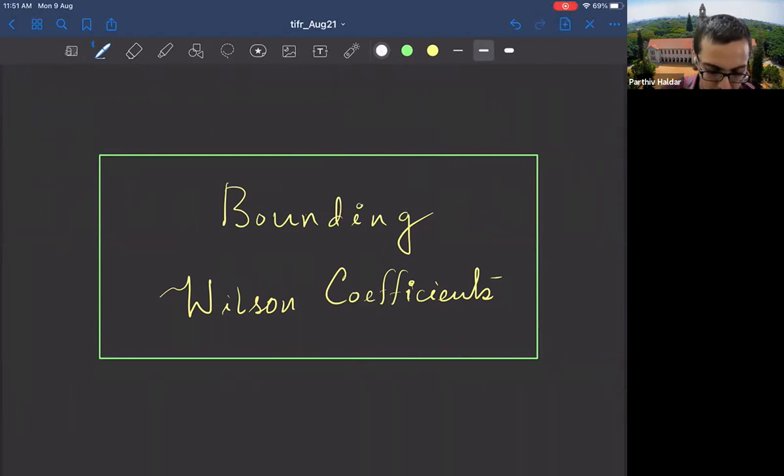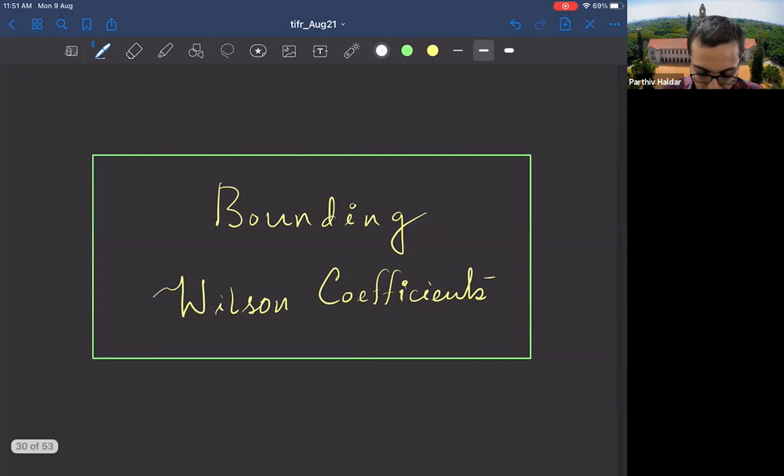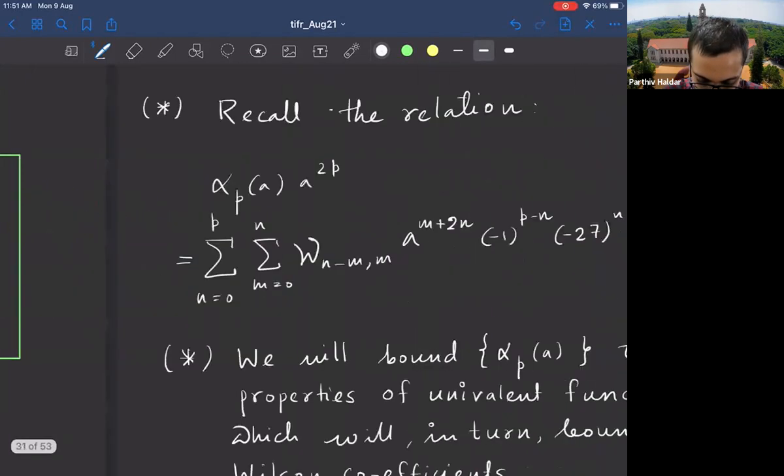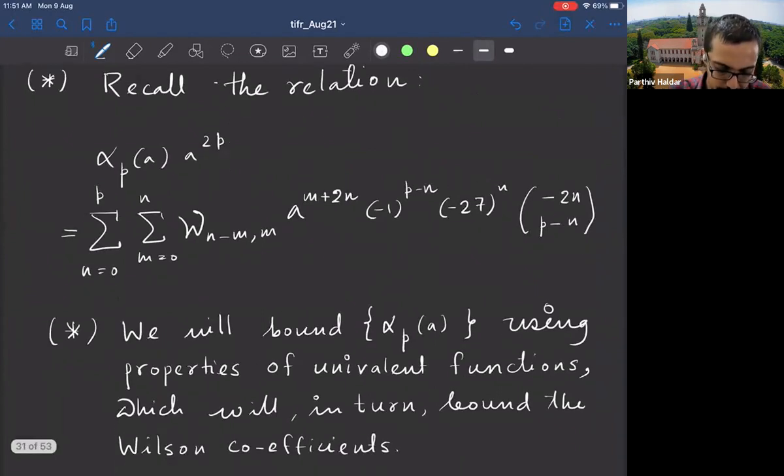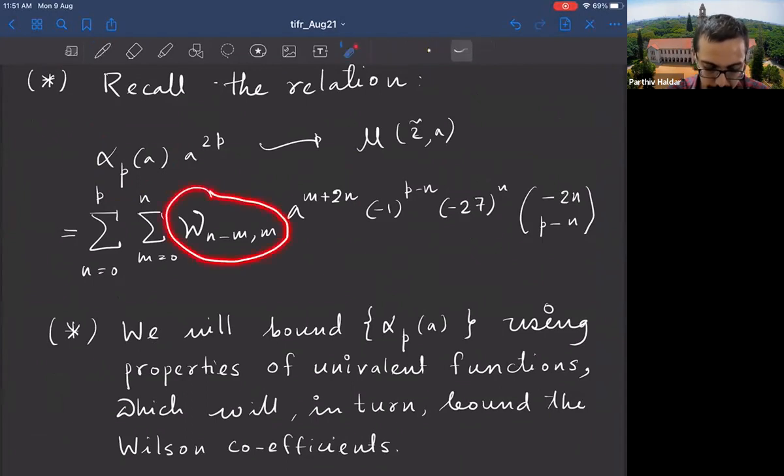Okay, if not, then now we go to the actual problem of how we can bound the Wilson coefficients. So we start with a relationship that was there. These alpha p are the Taylor coefficients in the expansion of z tilde and a, and they were related to the Wilson coefficients via this relationship.